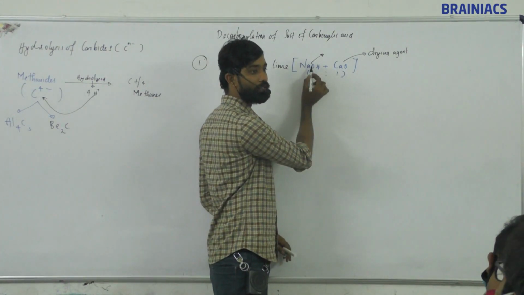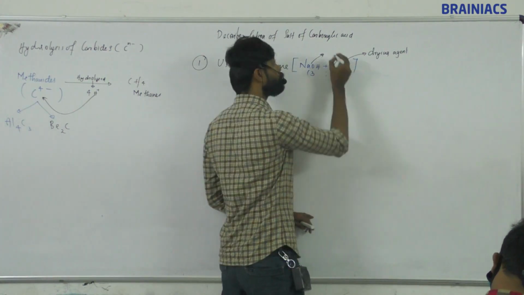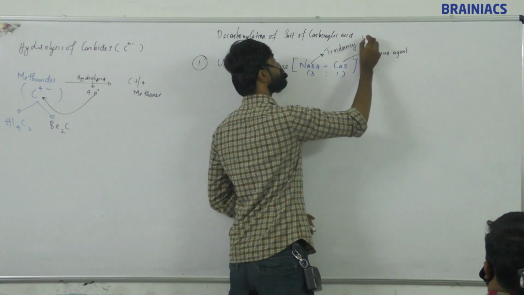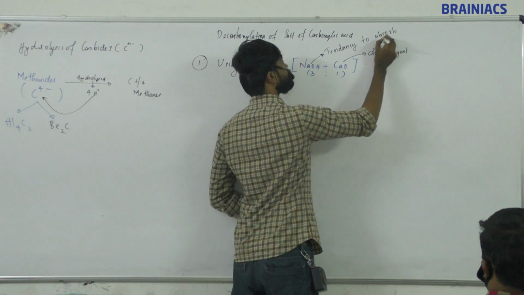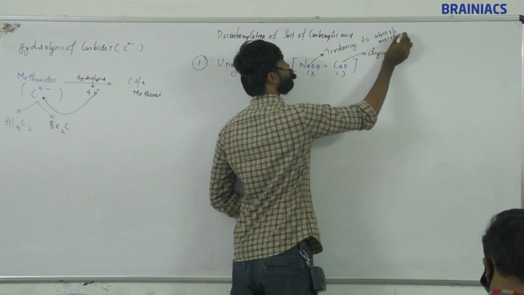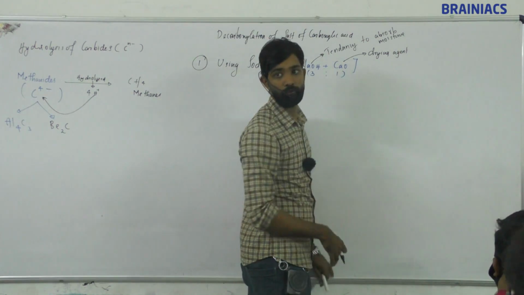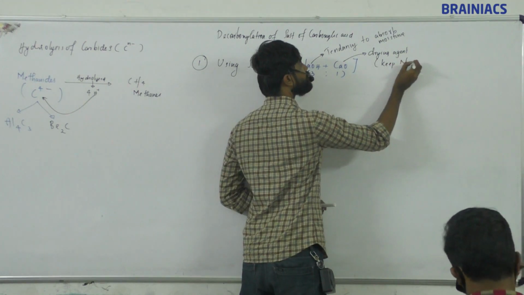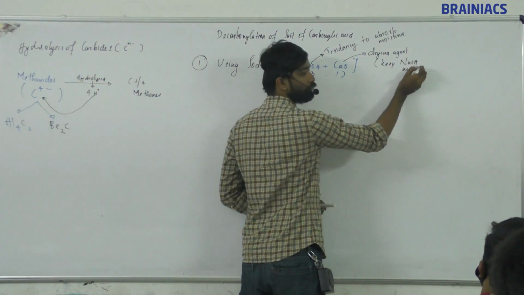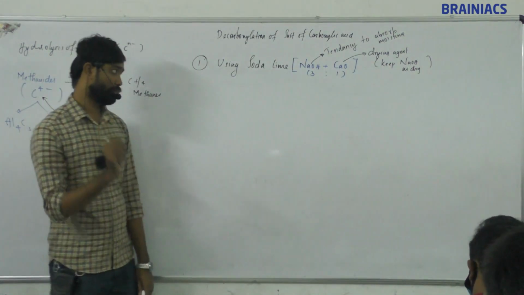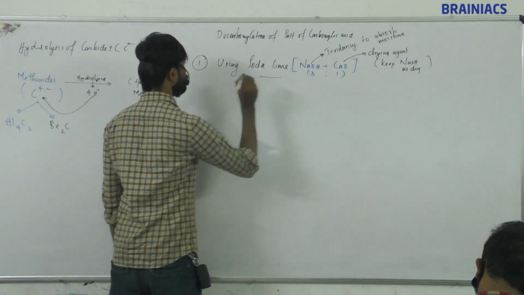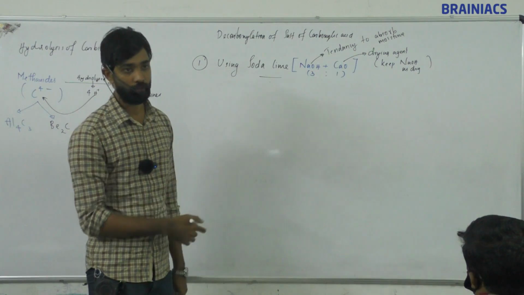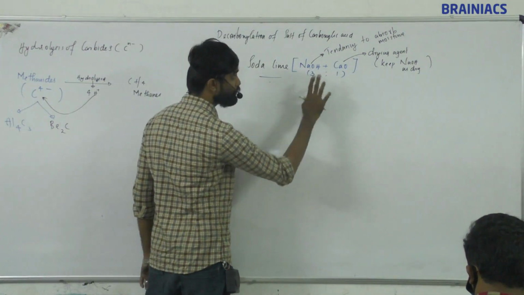NaOH has a tendency to absorb moisture, so to keep it dry, we use CaO. Now let me introduce the reaction. This mixture is soda lime in the ratio of 3:1, where the reacting component is NaOH and CaO is a supporter.